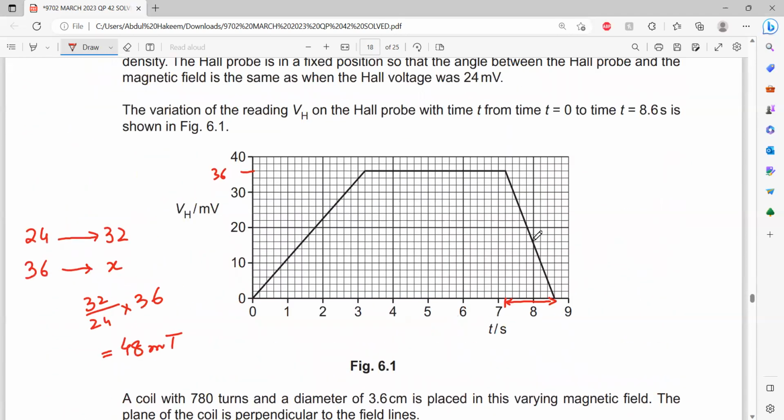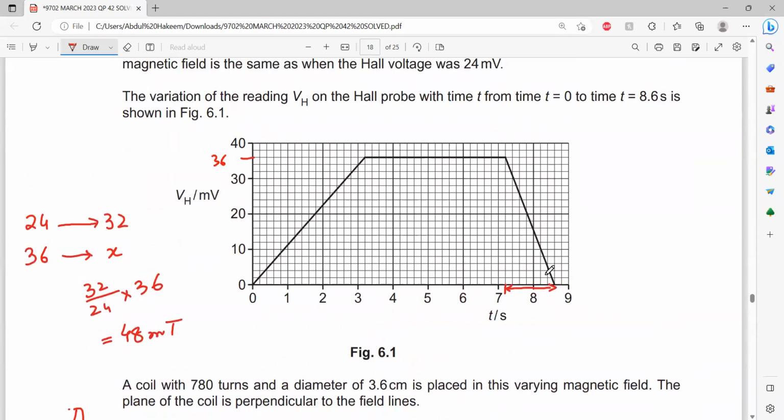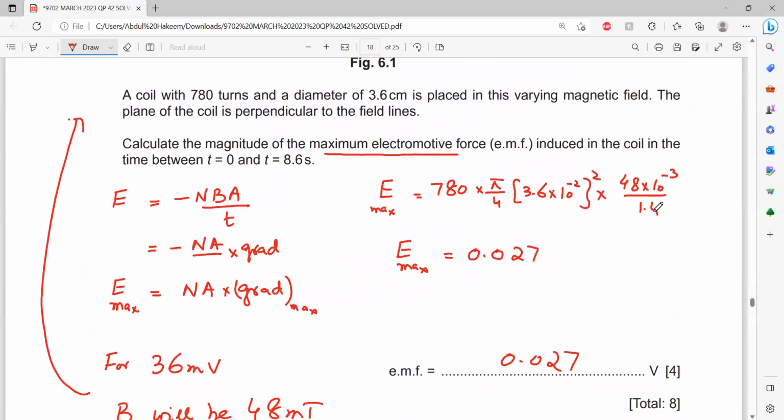We will use this time, which is small. The time change is 1.4, so we will use 1.4 here. After calculation, your answer will be 0.027. So do remember, for the maximum EMF, we will take the short time in which the flux is changing.